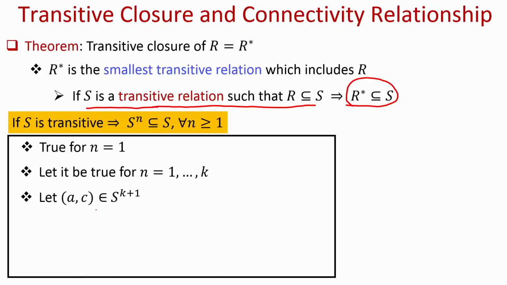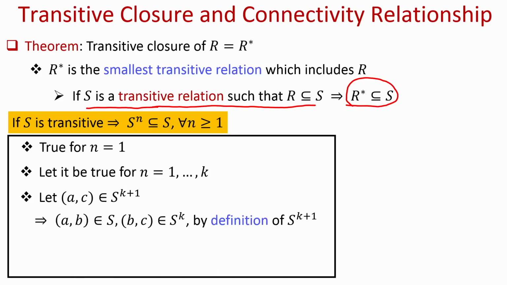So, imagine you have an arbitrary element (a, c) present in the (k plus 1)th power of S. Then, as per the definition of S power k plus 1, you have some intermediate element b such that a is related to b in the relation S and b is related to c in the relation S power k. Then I apply the inductive hypothesis here.